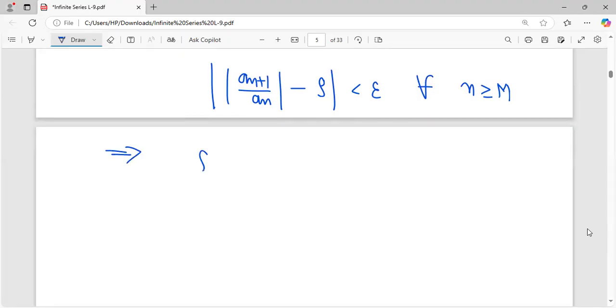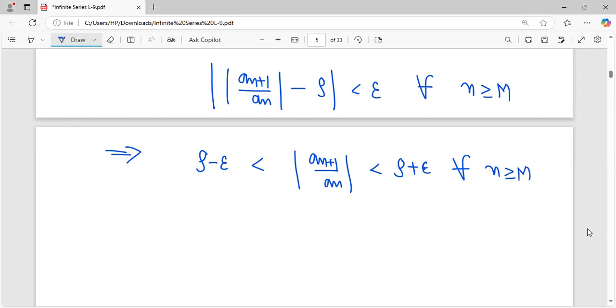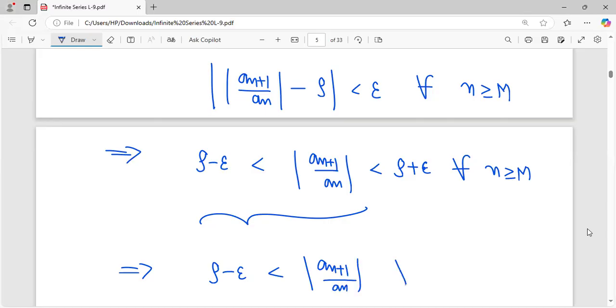This will be rho minus epsilon less than a_(n+1) upon a_n less than rho plus epsilon for all n greater than capital M. Now taking this part, rho minus epsilon less than a_(n+1) upon a_n for all n greater than capital M.